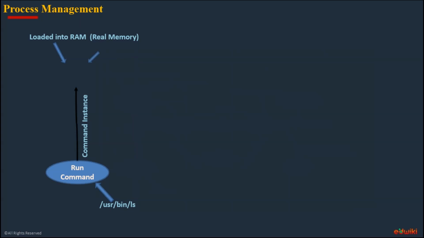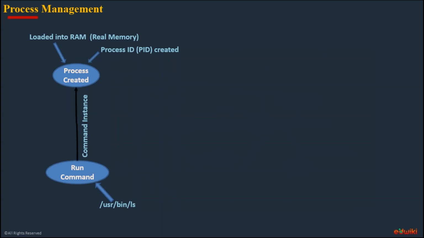Once the command instance is created in the real memory, that is now called a process, and every process created in the real memory is assigned one unique identification number called the process ID.